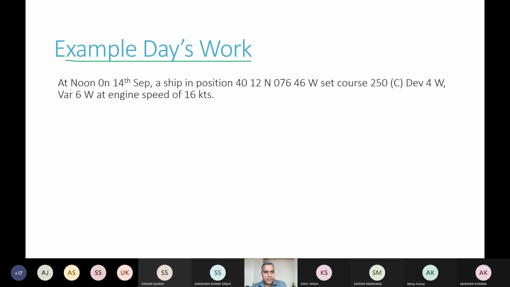So this question says, at noon on 14th September, a ship is in this particular position, 40°12' north, 076°46' west. It set a course of 250 compass. Deviation is given to us, variation is given to us, at an engine speed of 16 knots.